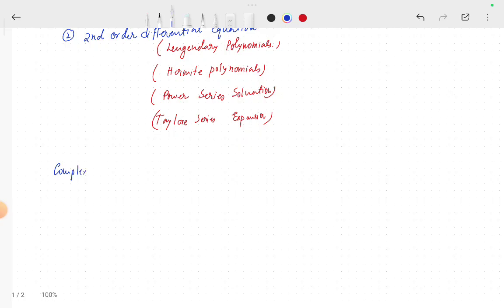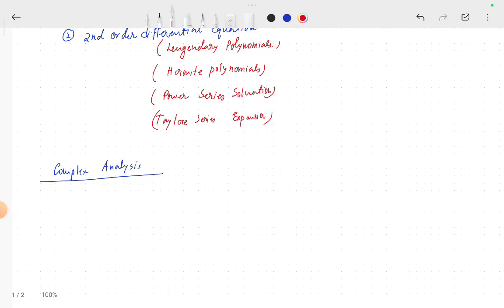In complex analysis there are many subtopics. I will give you a figure of what you will study throughout the lectures.